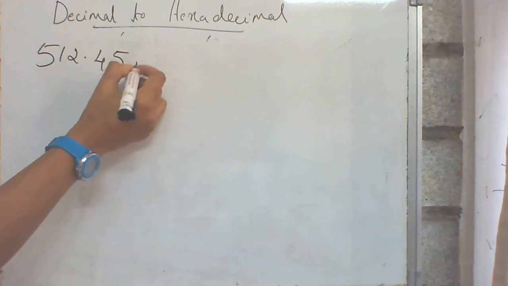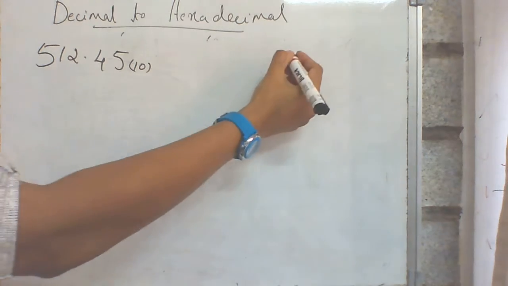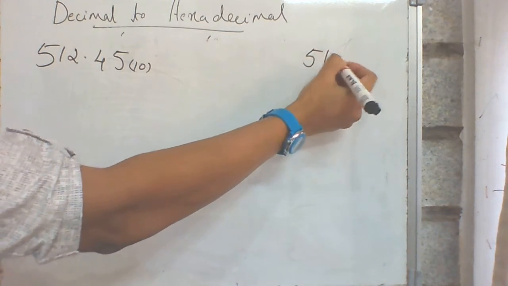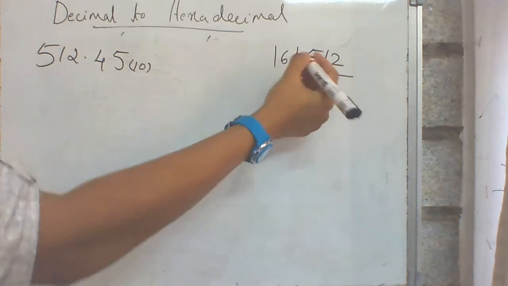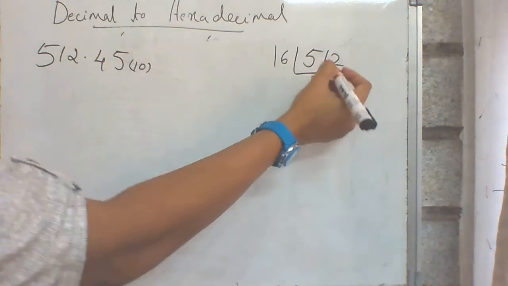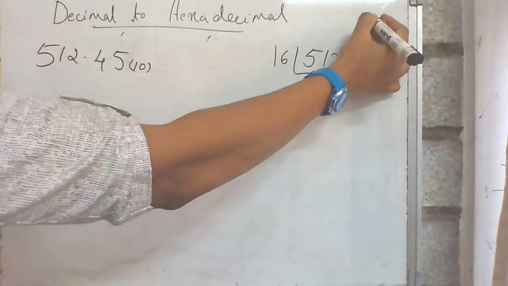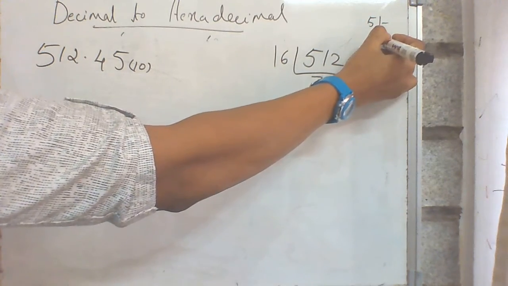For example, 512.45 base 10 to hexadecimal. First you need to convert this 512, which is the whole number part. The same way as before we can convert it. 16 threes are 48. 51 minus 48 is equal to 3.